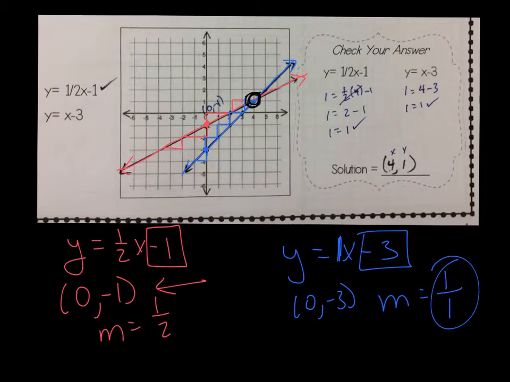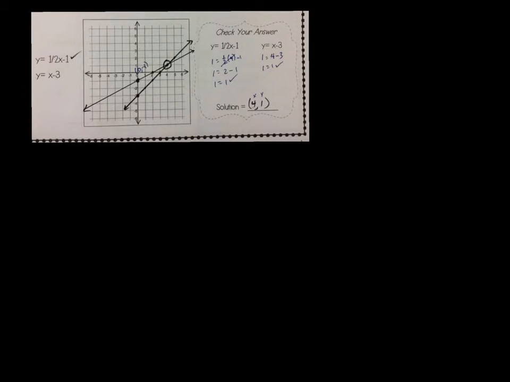Now, you've got to understand that you have to plug this solution into this equation and into this equation. All right, and that's what we're going to do next. Okay, so you're given the equation y equals 1/2 x minus 1. And you're given the equation y equals x minus 3.